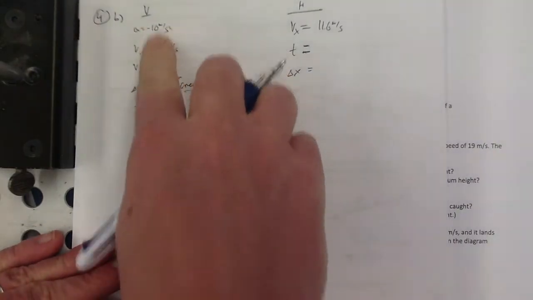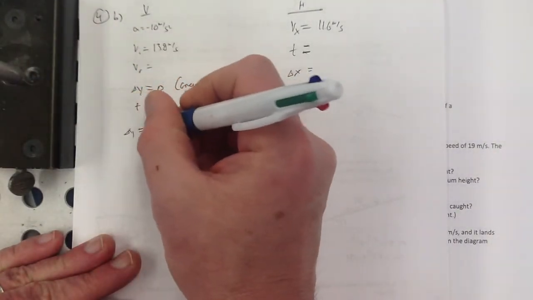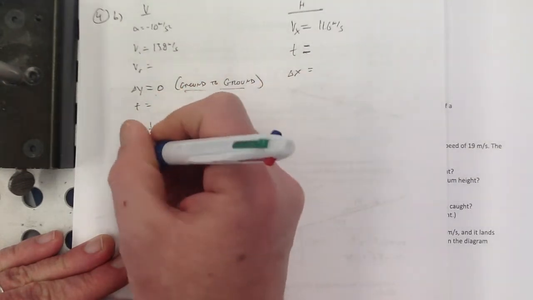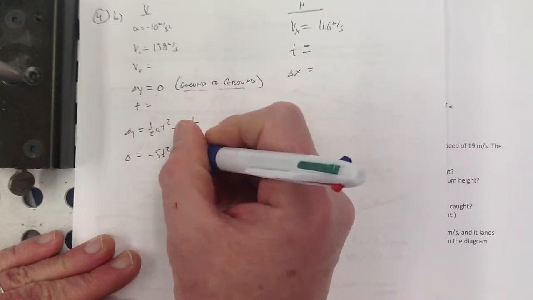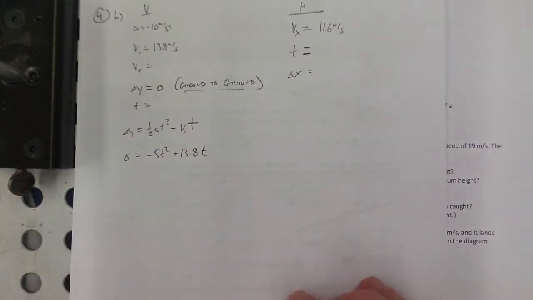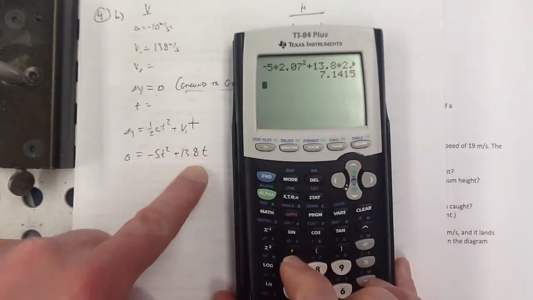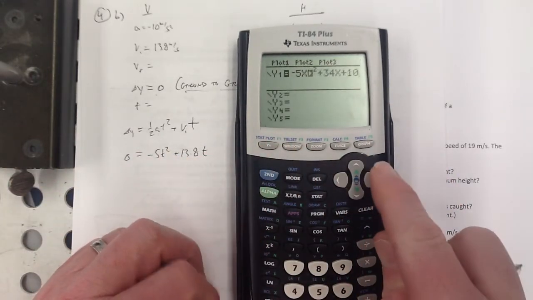All right, so here I've got delta y equals 1/2 at squared plus vit. Delta y is 0, -5t squared plus 13.8 t. You can graph that if you want. This one, because that's equal to 0, you could factor a t out and do the algebra that way. That also works.